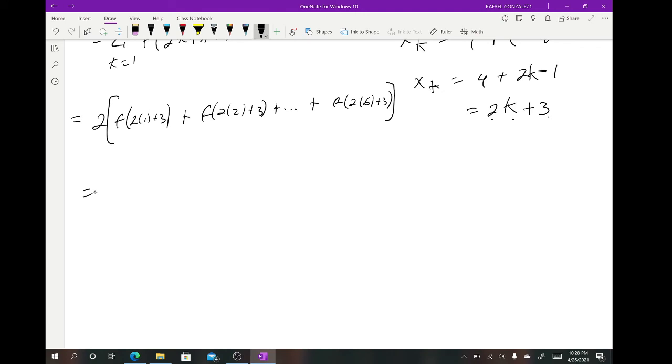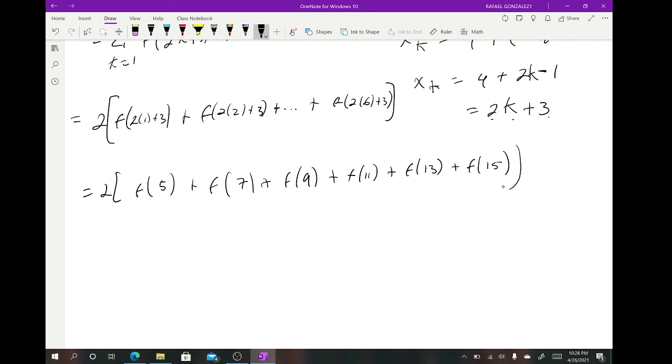What is this equal to? Well, this is equal to 2 times f of 5 plus f of 7 plus f of 9 plus f of 11 plus f of 13, and the last one, f of 15. Okay, so this is the height of the midpoints, and that's how you get them.